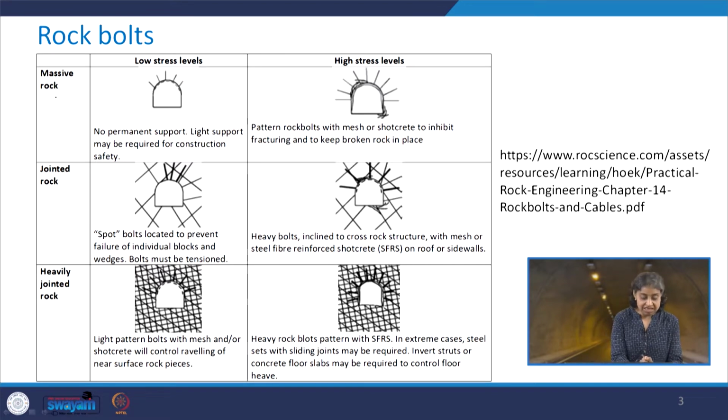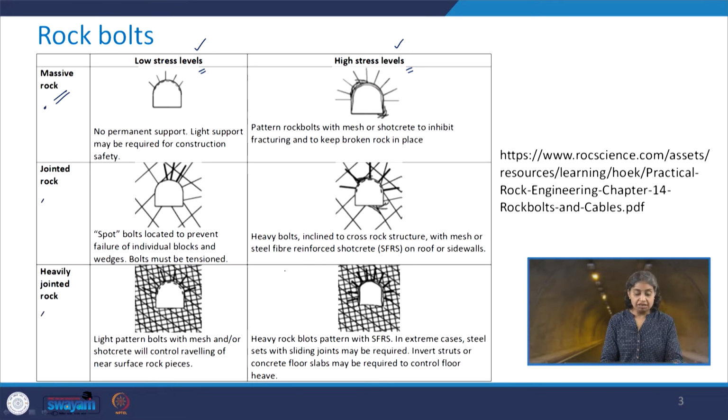As far as massive rock is concerned, there are low stress levels and high stress levels. So, we have two dedicated columns for low stress levels and high stress levels corresponding to each type of rock or rock mass.